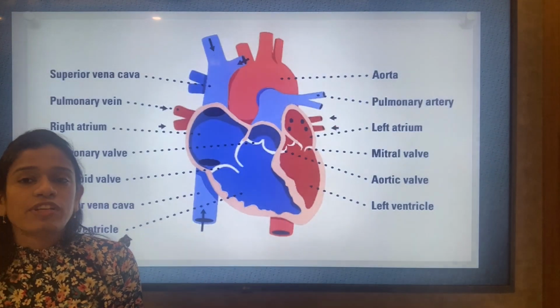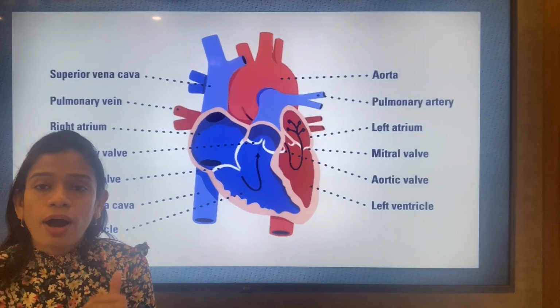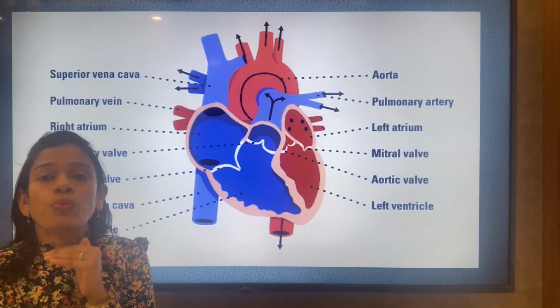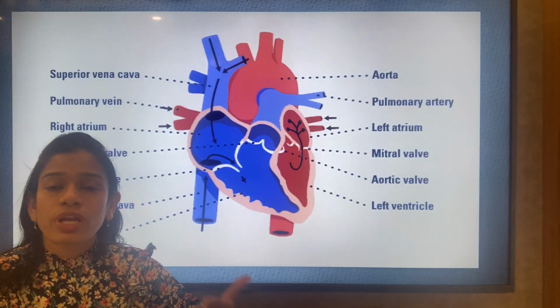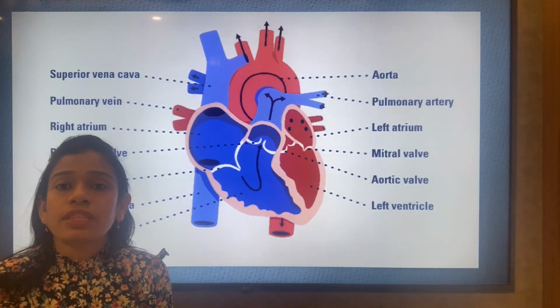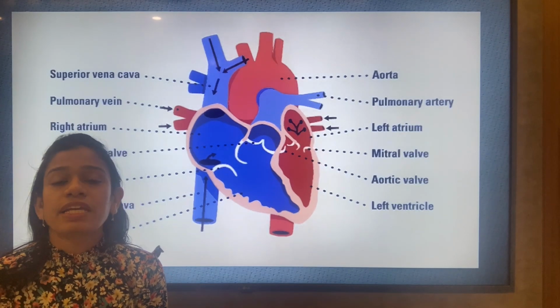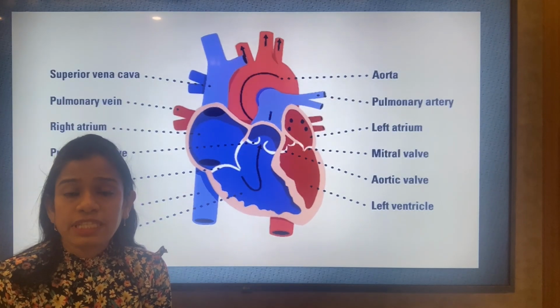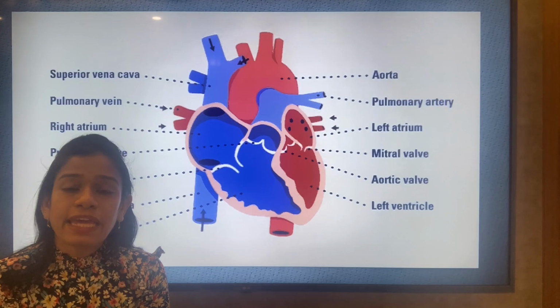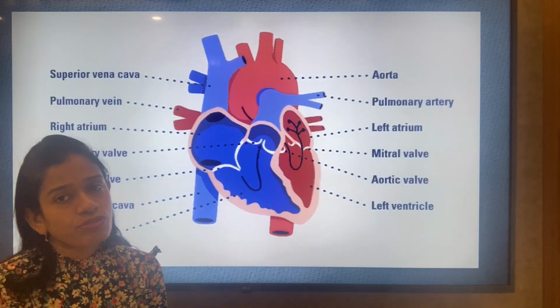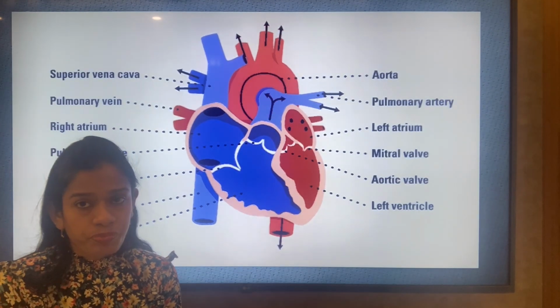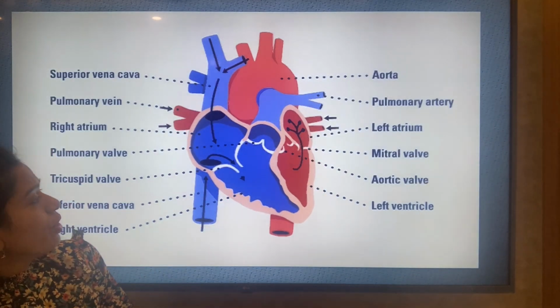Now let's have a look at how the heart works, or how the oxygenated blood is carried to different parts of the body. The deoxygenated blood is brought, it is again oxygenated and taken to the different parts of the body. So this is how it works.